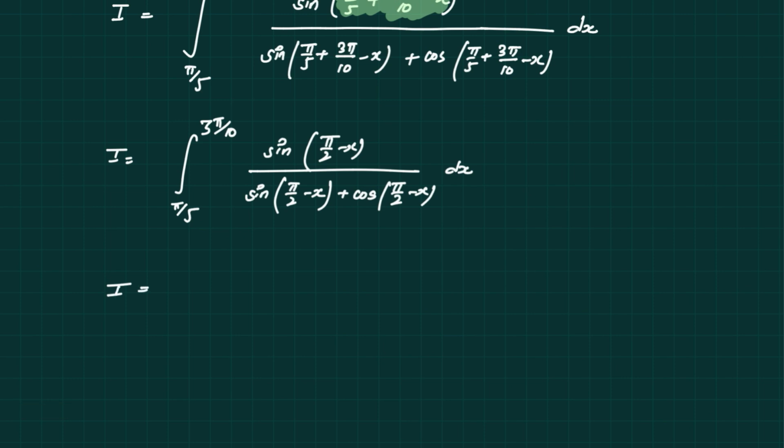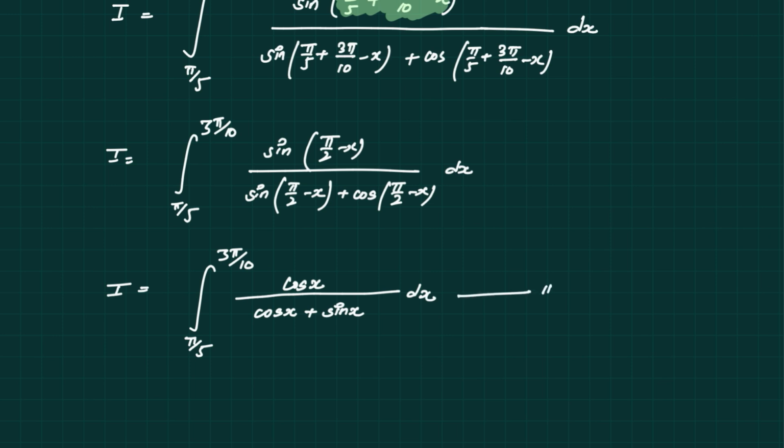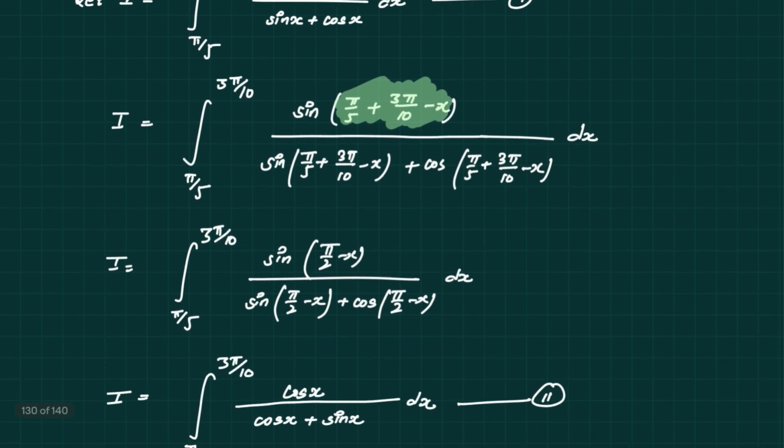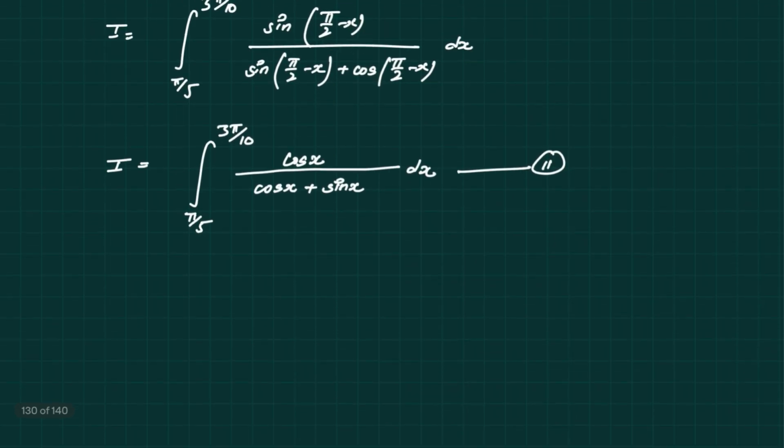So this implies I equals pi over 5 to 3 pi over 10, sine 90 minus theta is cos theta, whole divided by sine 90 minus x is cos x plus cos 90 minus x is sin x, dx. So let this be equation 2. Now let us add equation 1 and 2, then we will have I plus I on the left hand side.